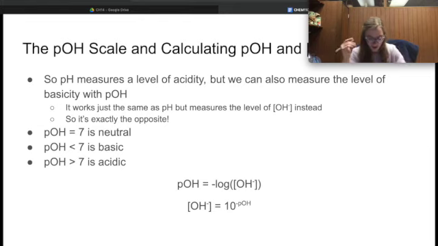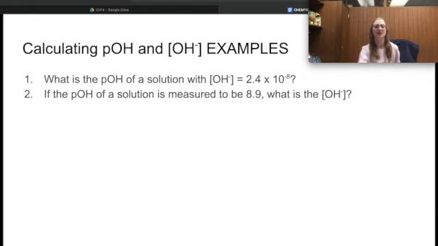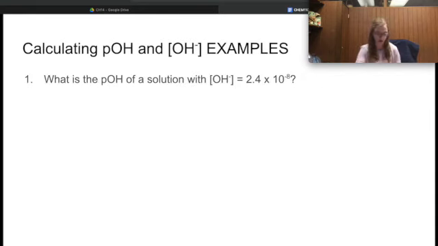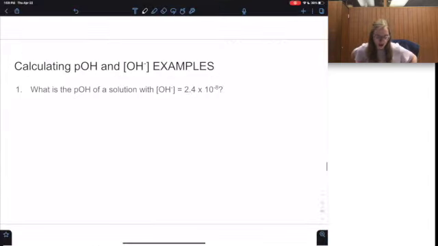So let's go ahead and work through just a couple of examples. I'm going back and forth on this scale as well and thinking about, do our answers make sense? So the first question here says, what is the pOH of a solution with the concentration of OH minus equal to 2.4 times 10 to the minus 8? So if I'm looking through this problem, I'm sorting through the information.